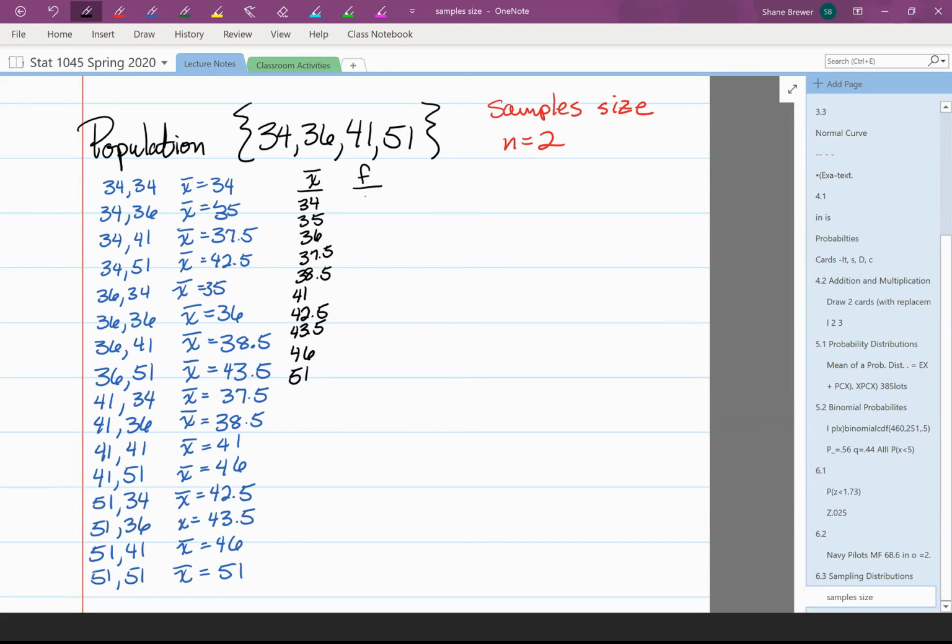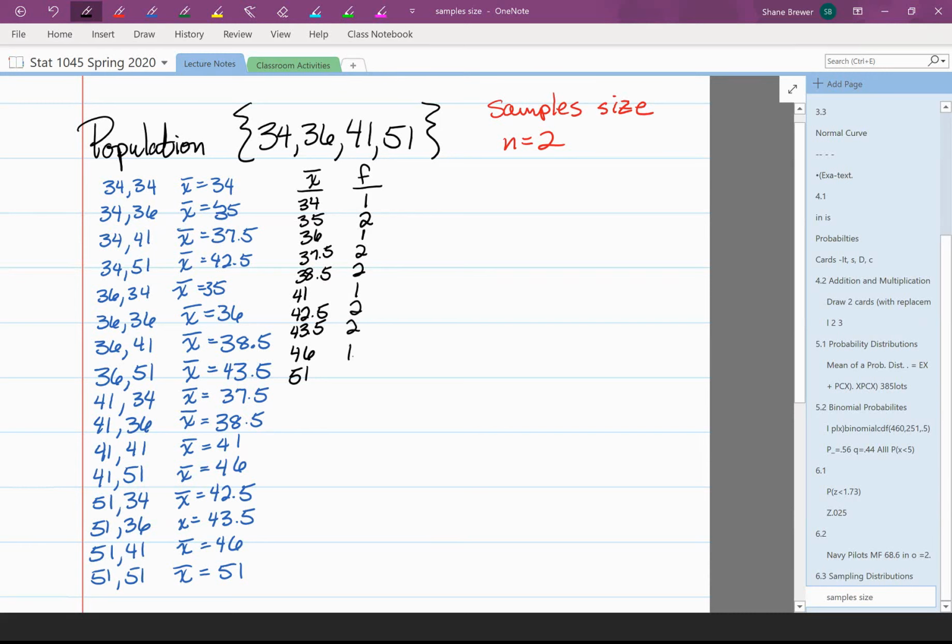So there's 16 in this. There it is, right? How many 35s are there? Two 35s. How many 36s are there? I'm seeing just a single 36. 37.5, so I'm seeing two of those. 38.5, two of those. 41s, one. 42.5, two. 43.5, two. 46 is one.